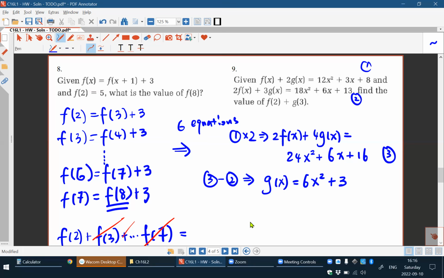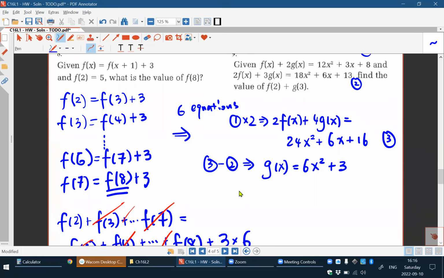Yes. Also, we can use the first equation times 3, which means 3f(x) + 6g(x) equals 36x² + 9x + 24, right? Let me call it 4.